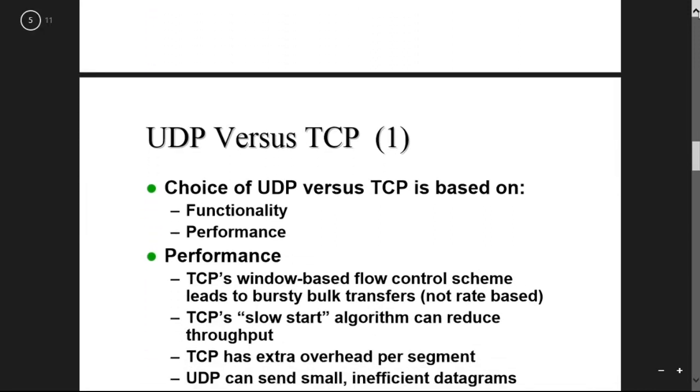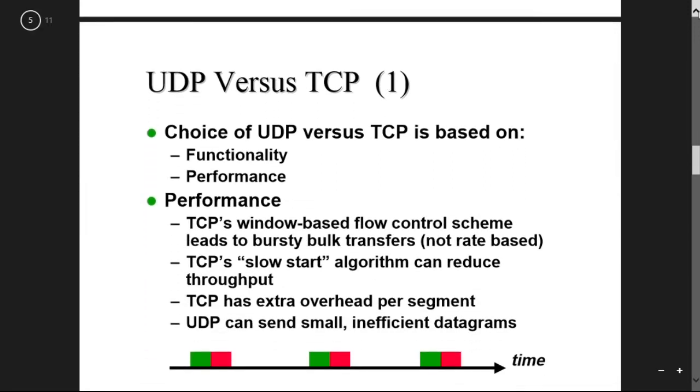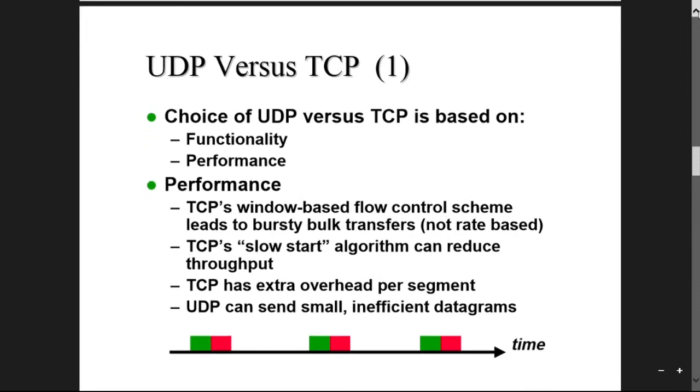Now you have to know the difference between UDP and TCP. TCP means transmission control protocol. The choice of UDP versus TCP is based on functionality and performance. Regarding performance, TCP's window based flow control scheme leads to bursty bulk transfers, not rate based.